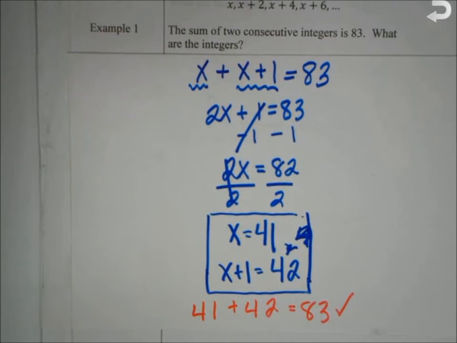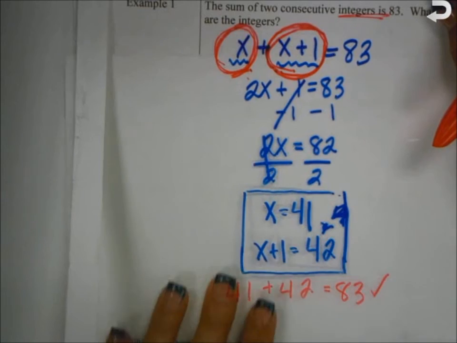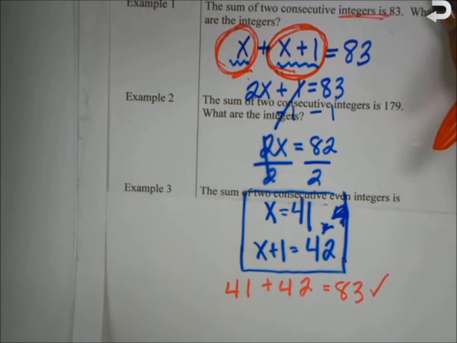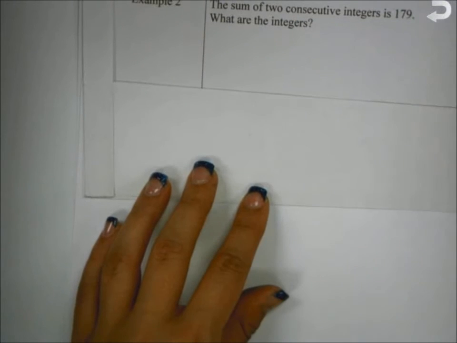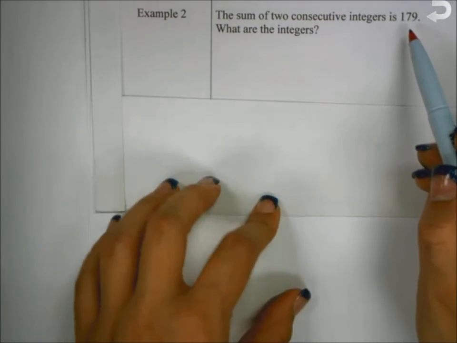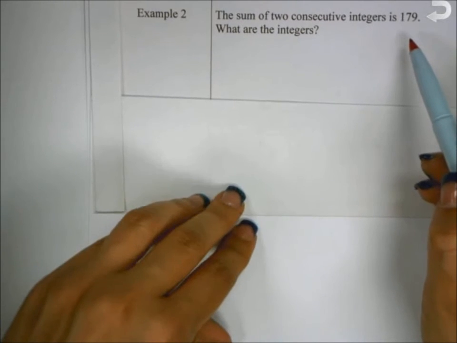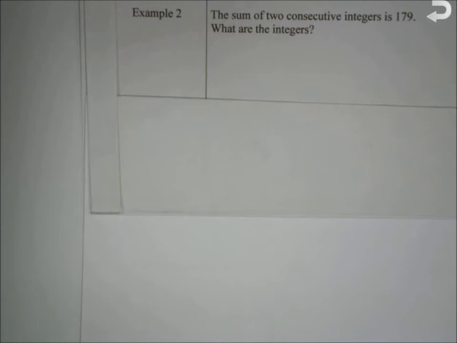All right, so example 2. The sum of two consecutive integers is 179. What are the integers? Okay, so same thing as the last example. I'm just working with two consecutive integers.